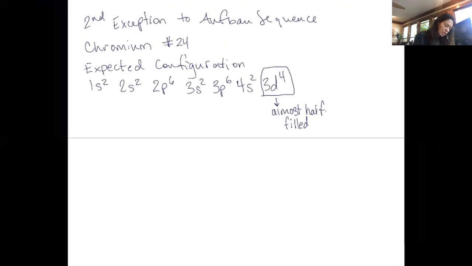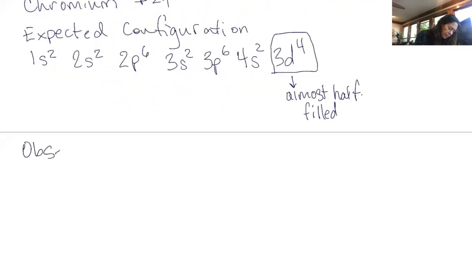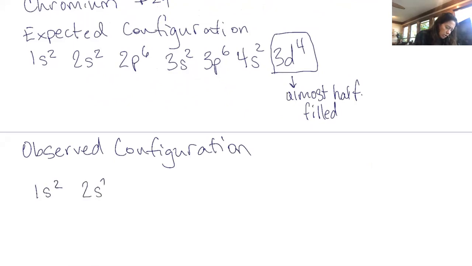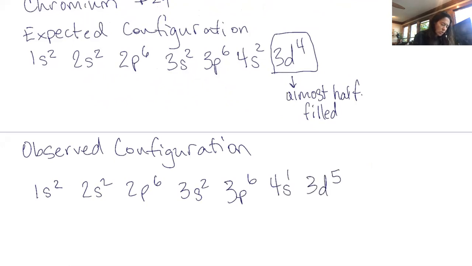So the observed configuration is 1s2, 2s2, 2p6, nothing changes till we get to the end. And here, once again, we've got 4s1, 3d5. So this is the actual observed configuration. And what we see is both subshells are half filled.